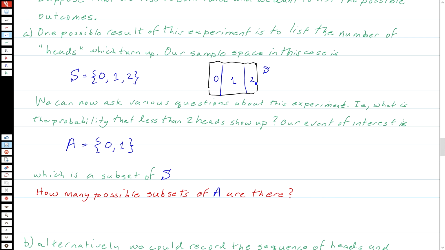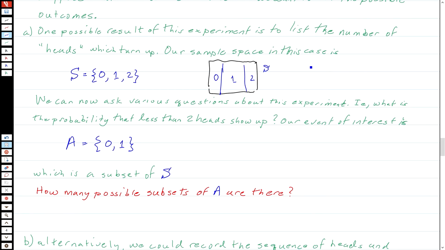And my actual samples are, I guess, tail tail, tail head, head tail, and head head. But our sample space here is just the number of heads that turned up. So the actual details there just lead to these numbers that we're interested in.